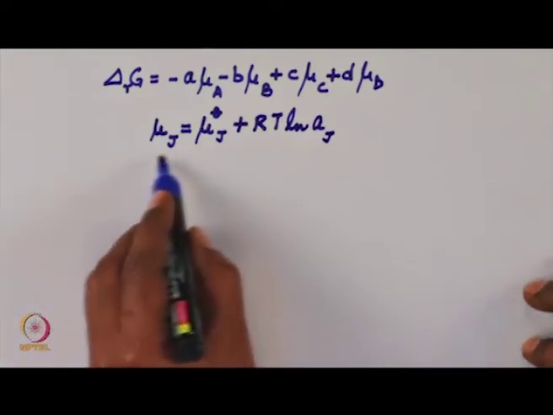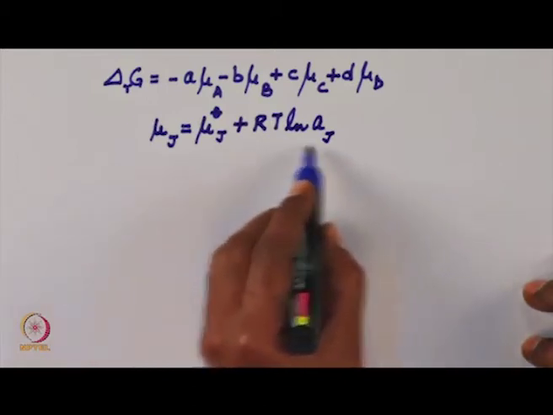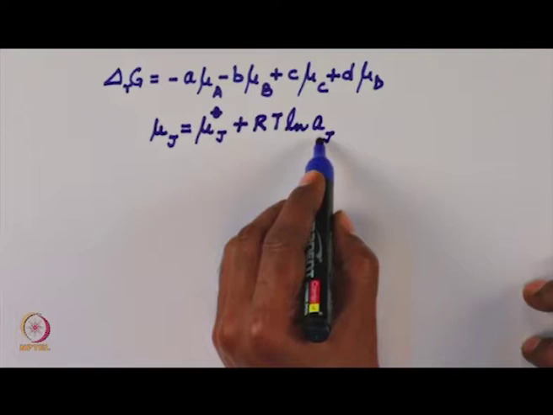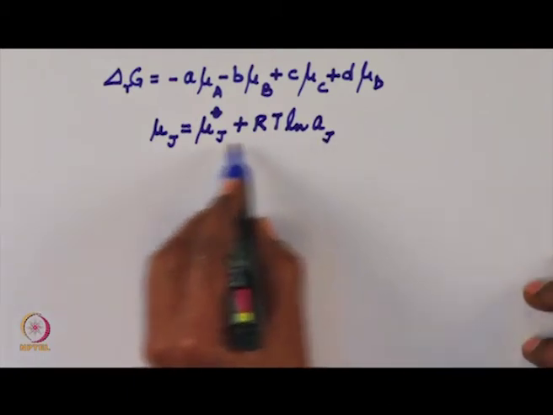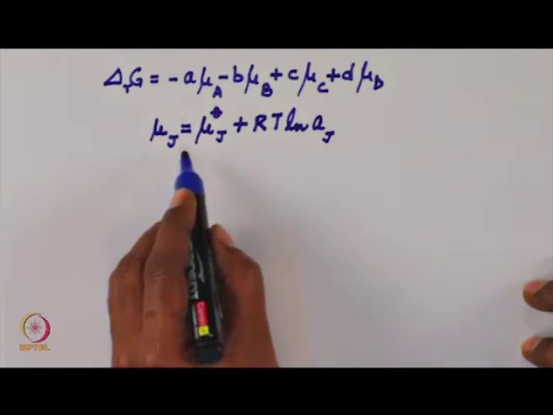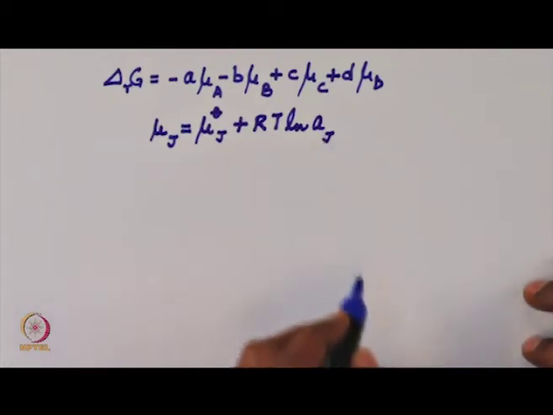This is a general relationship between chemical potential and activity for all conditions, in the sense that there is no assumption of ideality or non-ideality. We are just expressing chemical potential in terms of activity. So, this is applicable to all.